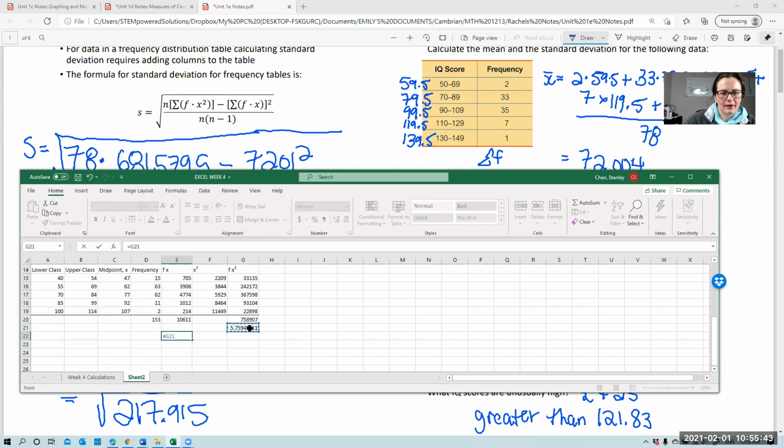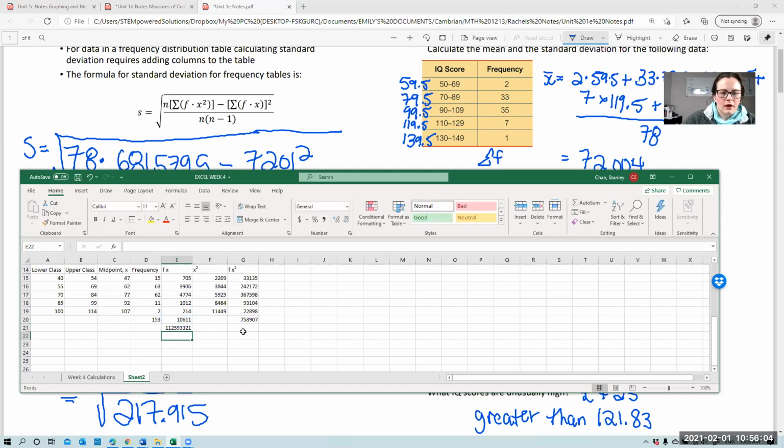Oh, I think I just did the wrong thing here. Hold on a sec. Delete. Okay, let me just backtrack a second. So f dot x squared, this is the value that I have to square, is the value right above the cell that I'm in right here. So this value times itself.